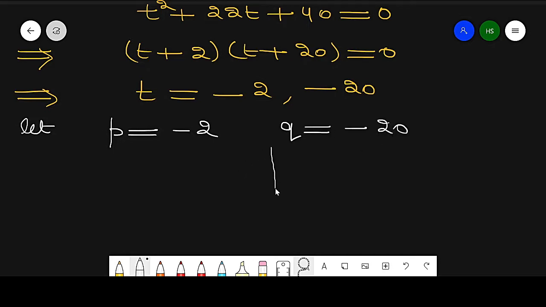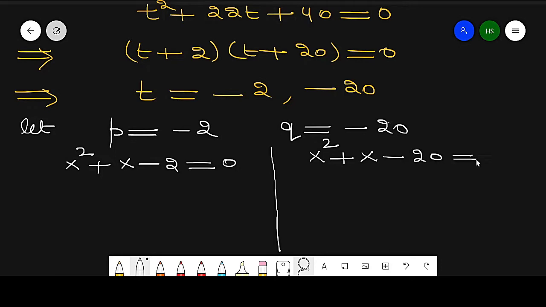So we get two quadratic equations. One is x square plus x minus 2 equal to 0. Second is x square plus x minus 20 equal to 0. So simplify these quadratic equations. We get x equal to minus 1 plus minus square root of b square minus 4ac, which is square root of 9, over 2.